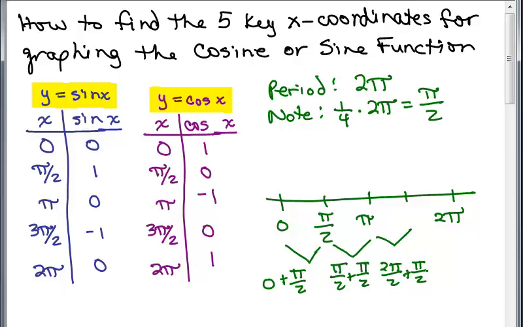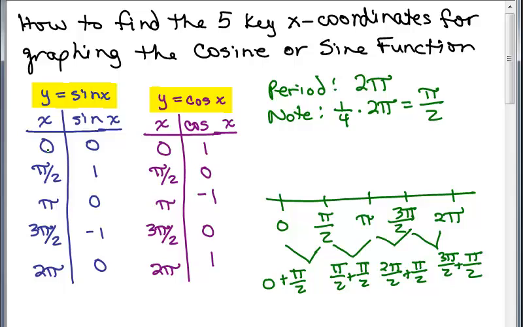I again add 1/4 of the period, and that's my 3 pi over 2. And if I do it one more time, if I take 3 pi over 2 and add a fourth of the period, I get 4 pi over 2, which is 2 pi. So that is how we get the x-coordinates.